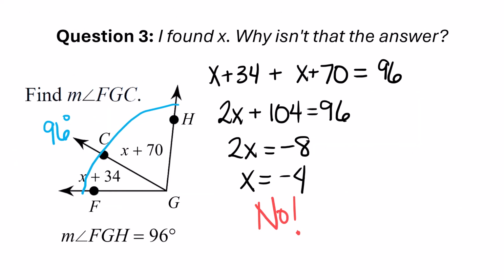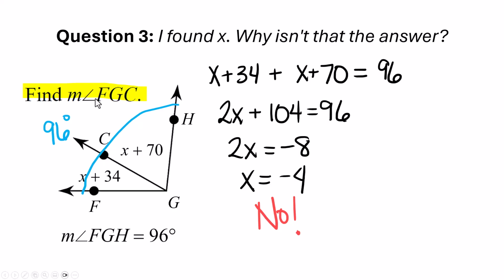Question 3: I found X. Why isn't that the answer? So I did one completely like how I think somebody would have been doing it. And they ended up with X equal to -4, but that would be wrong. And the reason is they didn't ask you just to solve for X. Solving for X isn't the wrong thing to do. That is absolutely the right thing to do.